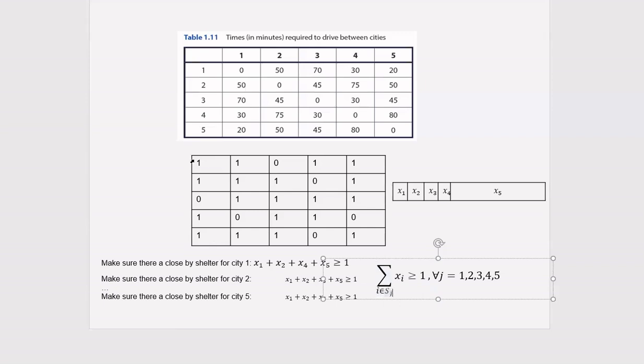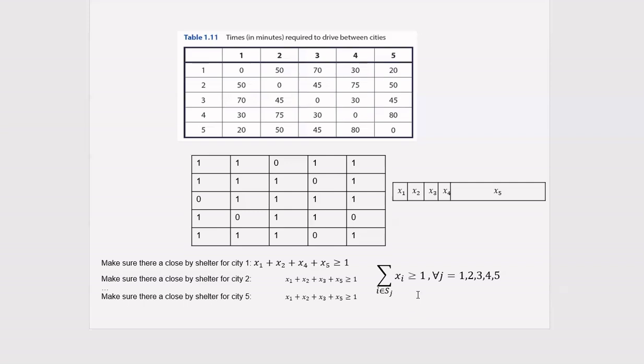For example, for city 1, Sj is 1, 2, 4, 5. For city 2, S2 is 1, 2, 3, 5. For city 3, S3 is 2, 3, 4, 5, and so forth. So this is a mathematical way of saying the same thing for all these 5 constraints.